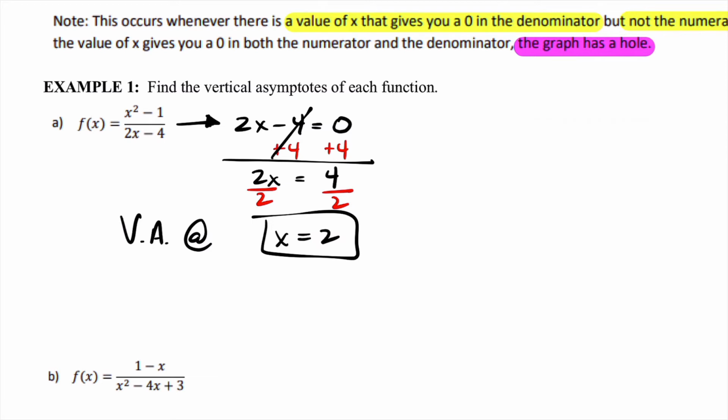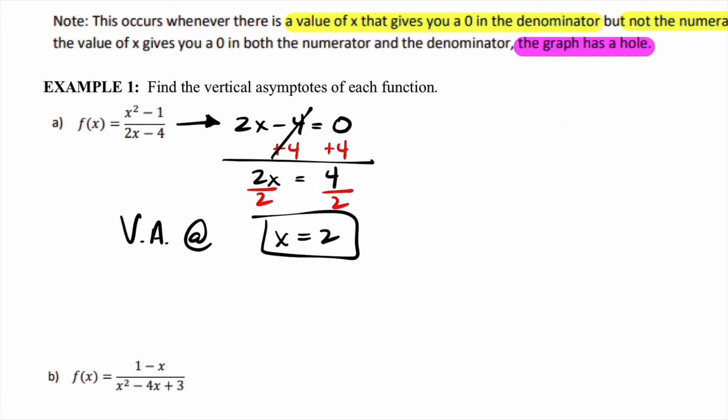Exactly. I haven't checked the part that I highlighted underneath. It said, if you plug that number into the top as well and you get 0 on top, then it's not a vertical asymptote. It's actually a hole.